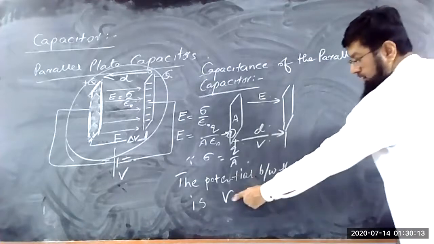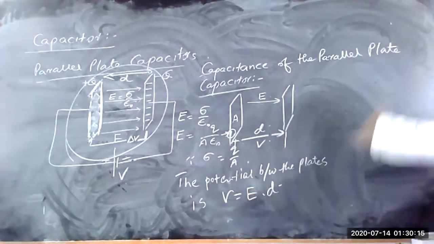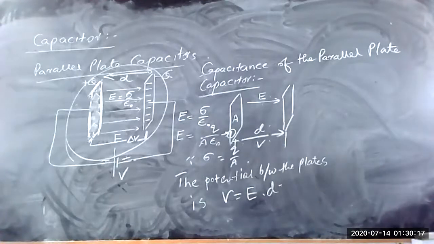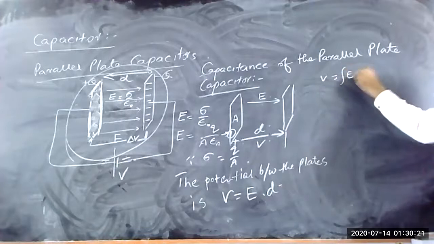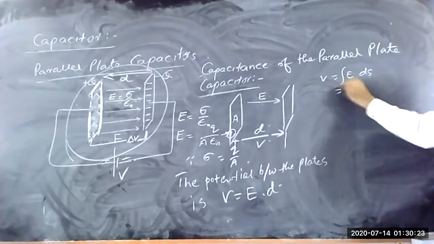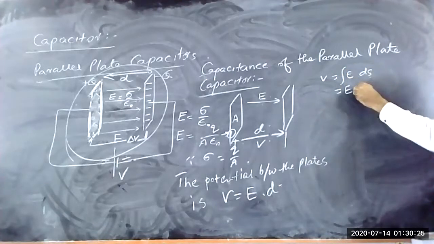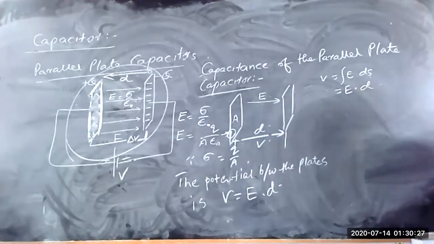The potential is equal to E into D, which we just discussed, that potential V is equal to, you will remember, E dot ds. So this is E integral over ds, which gives you D, the total distance.